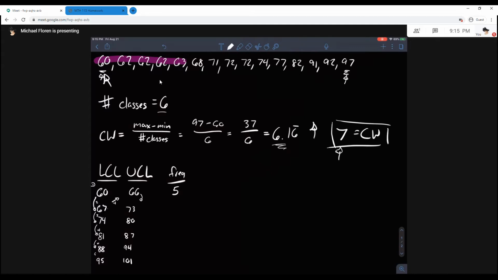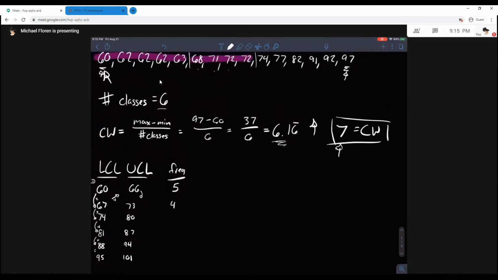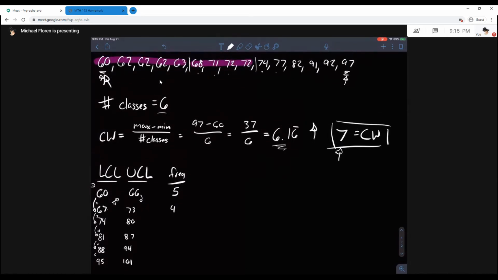Now we're looking between 67 and 73, so there's kind of a break there. 67, 68 counts, 71, 72, 72, and that's where it stops. So these 4 numbers are between 67 and 73, so 4. Between 74 and 80, 74, 77, so there's only 2 numbers.